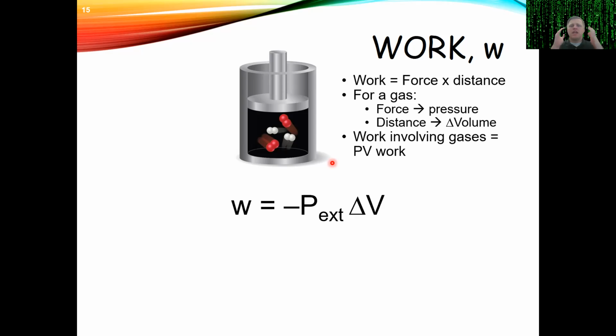So as it's expanding, it has to push on the surrounding atmosphere. So that surrounding atmosphere is resisting us, right? It's applying some pressure. And so the way we find our work is by taking our change in volume times our external pressure. That'll tell us how much work we're doing and how much energy we're losing as a function of that work, right? And of course, remember that delta V is our V final minus V initial. Anytime we have a delta, it's just final minus initial.